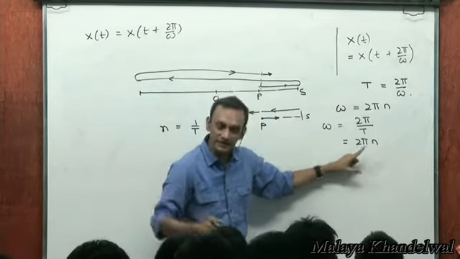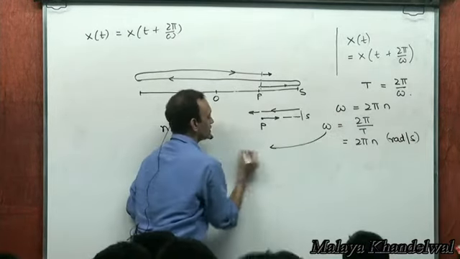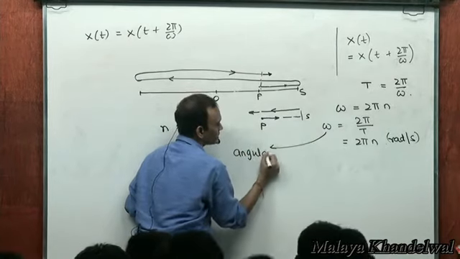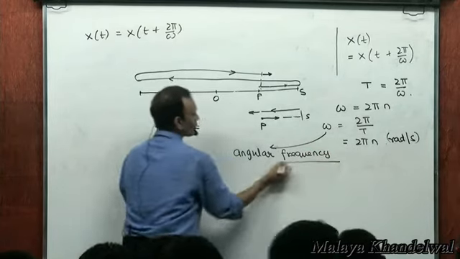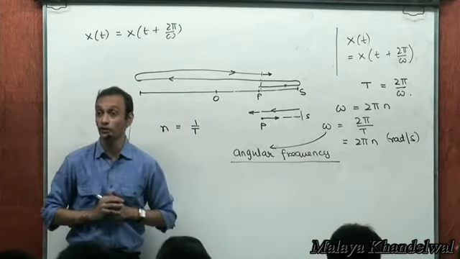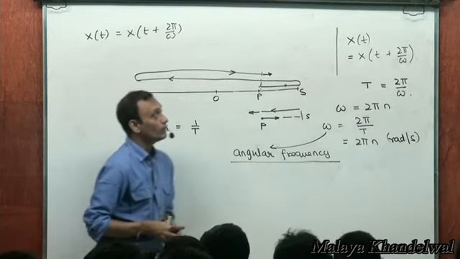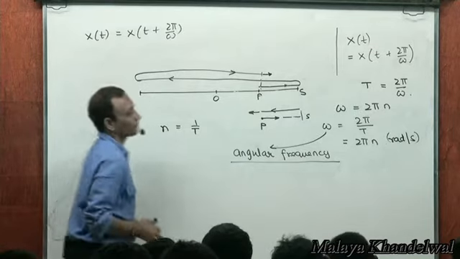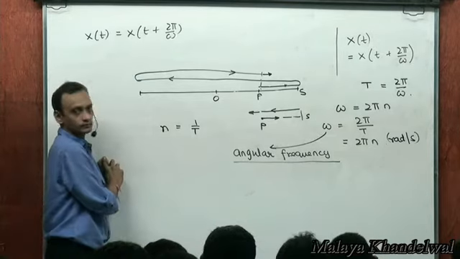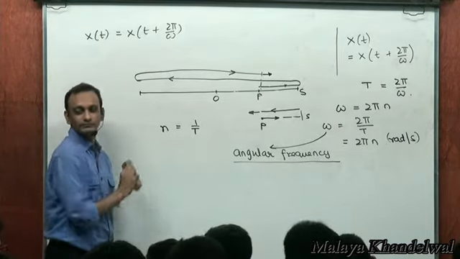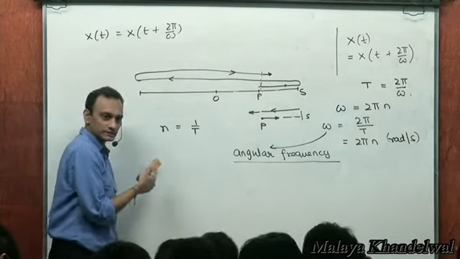So this is radians per second, and is called the angular frequency for the oscillator. Right? Got it?